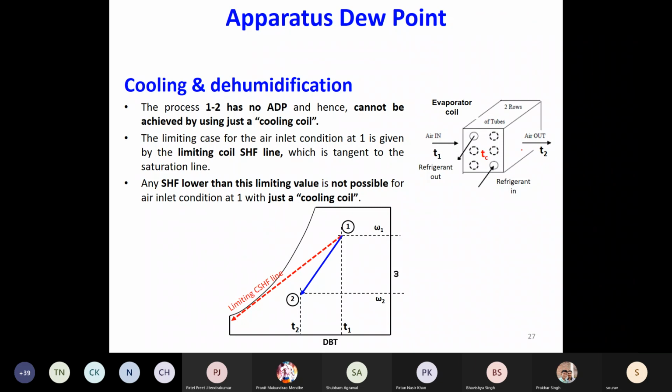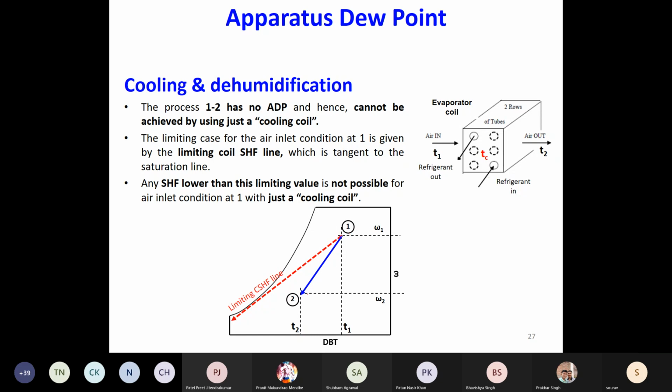Many a time you may not want to follow this particular line. If you provide a coil temperature ADP here, you will be following this particular line, but your desired process line could be this blue line. Then how do you attain this? You have to break down your entire process into multiple cooling and humidification and heating processes.